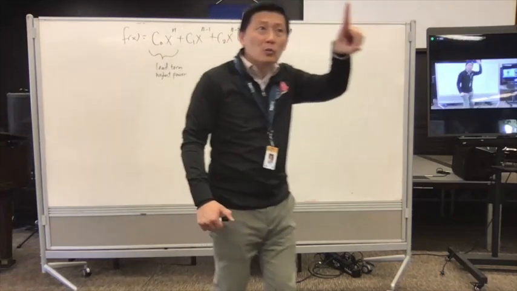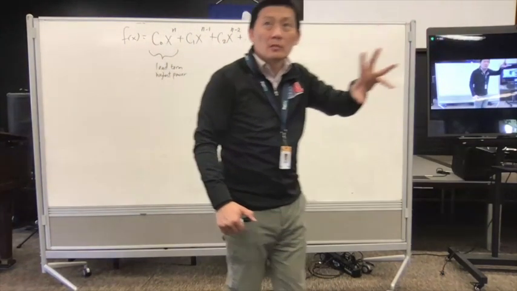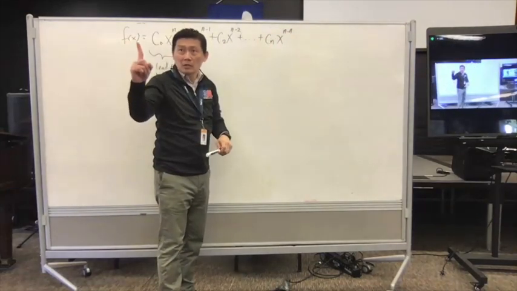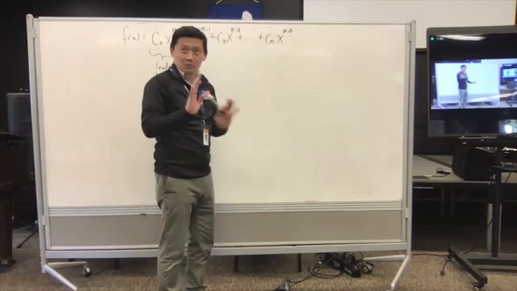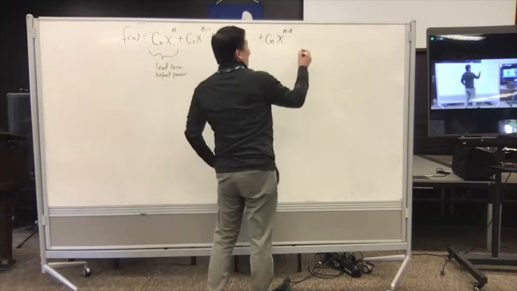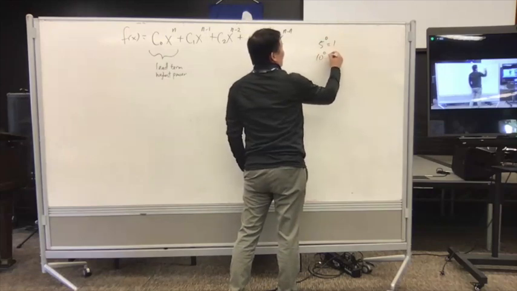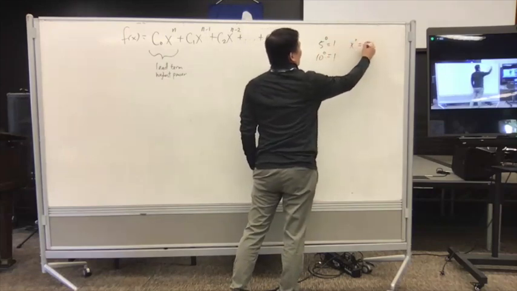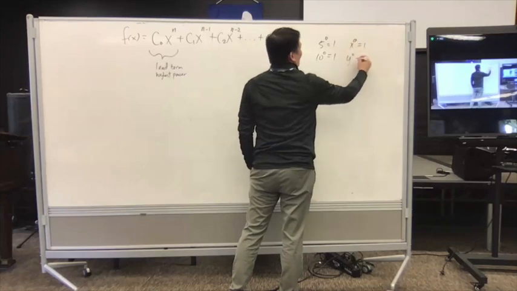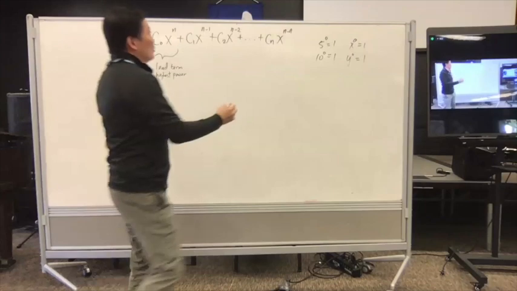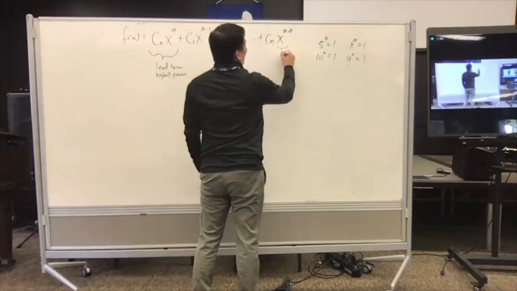Anything to the 0 power is 1. 5 to the 0 power is 1, 10 to the 0 power is 1, x to the 0 power is 1, y to the 0 power is 1. Whatever to the 0 power is always 1. So guess what? This is just 1.